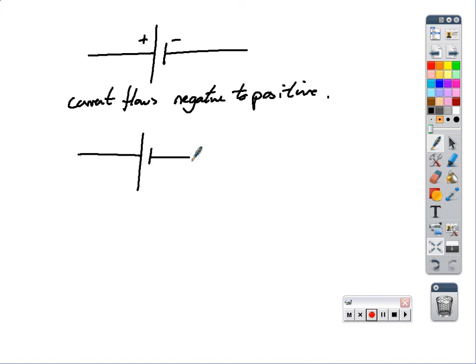You draw your battery, and if you link up the lines like that, it forms an arrow which points that way. That's the direction of current flow.